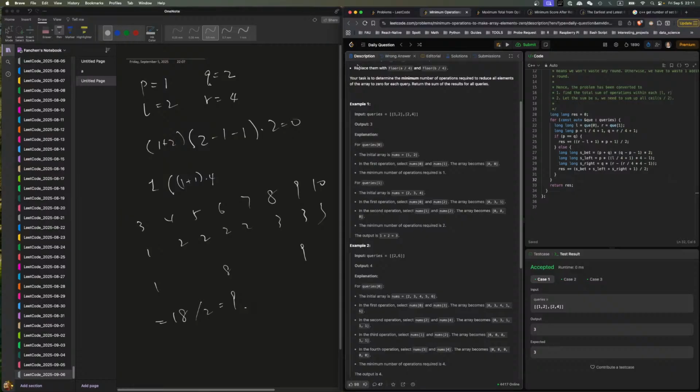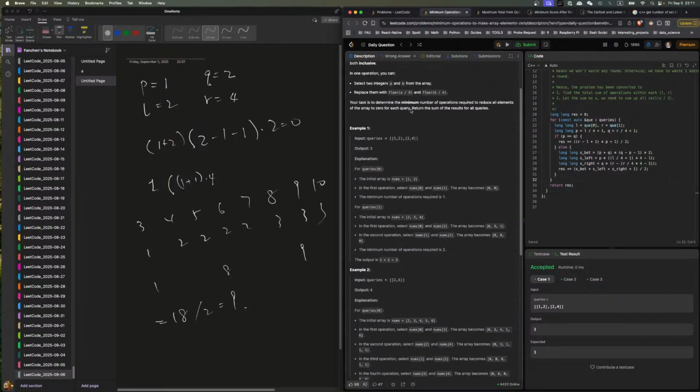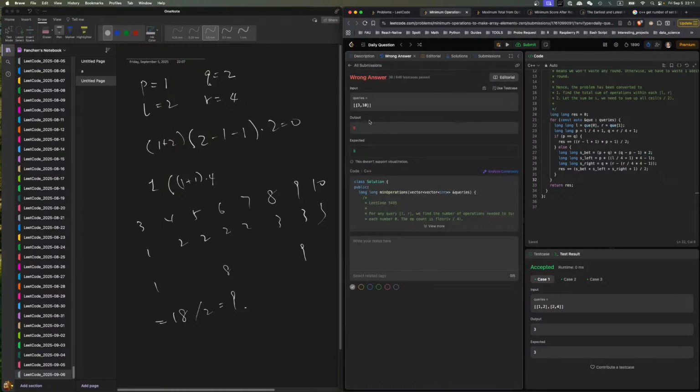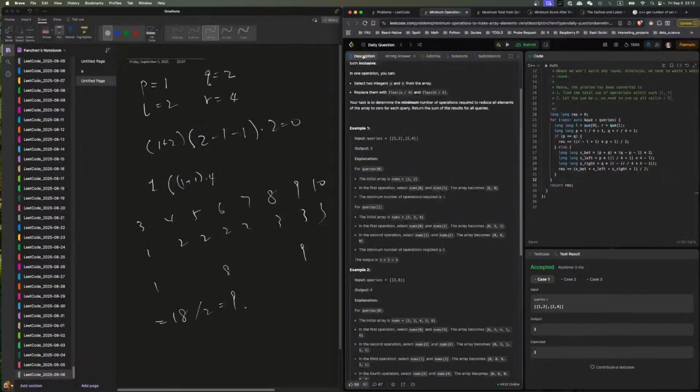Oh, wait, hold a second. What's each operation? Oh, yeah, each operation you divide by 4. Right? You do 4 divided by 4. So you do need all these operations. How would you get to 8 rounds, unless we understand the problem wrong.